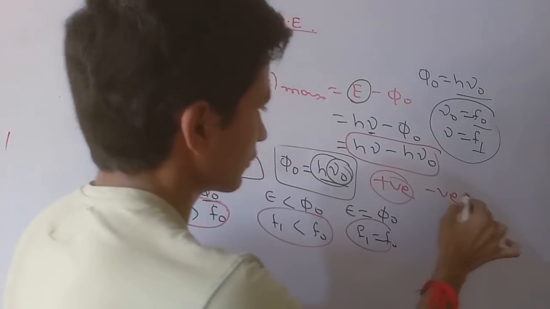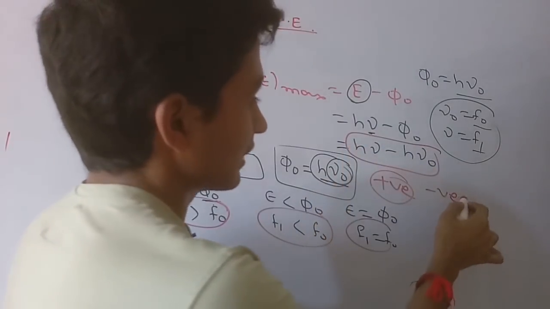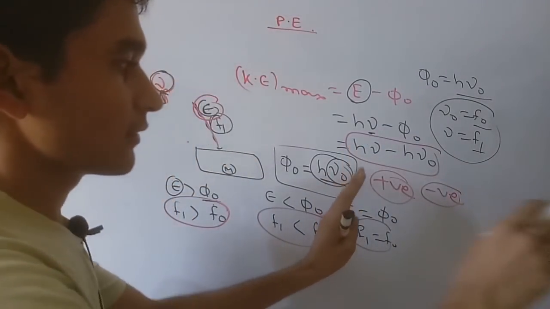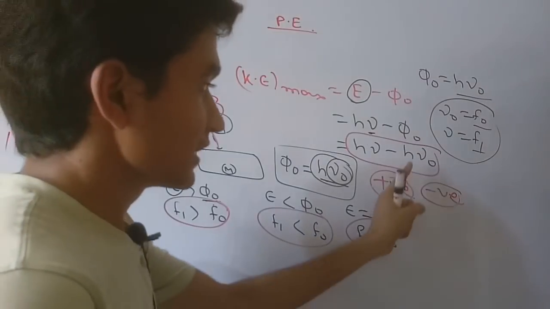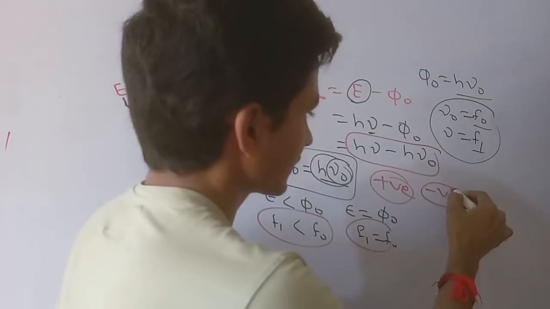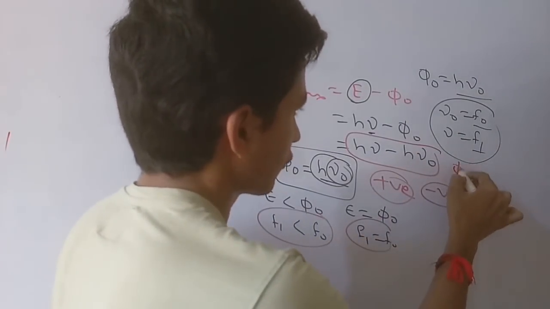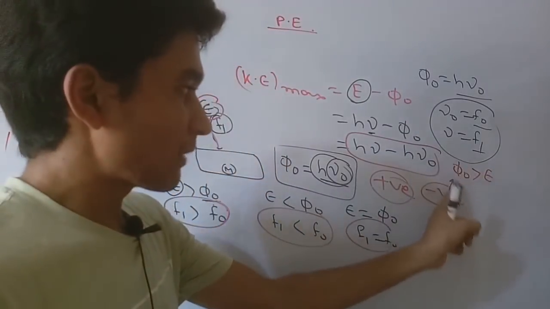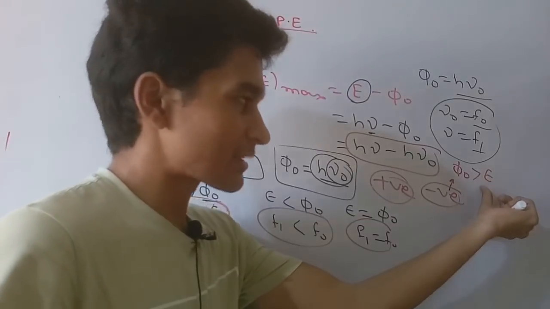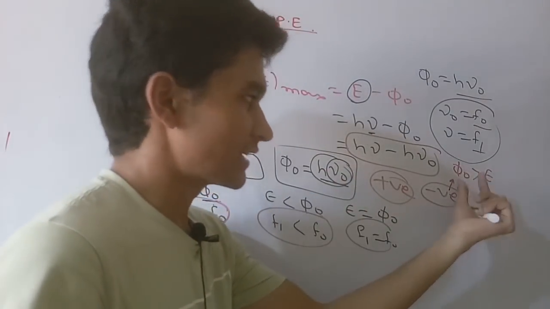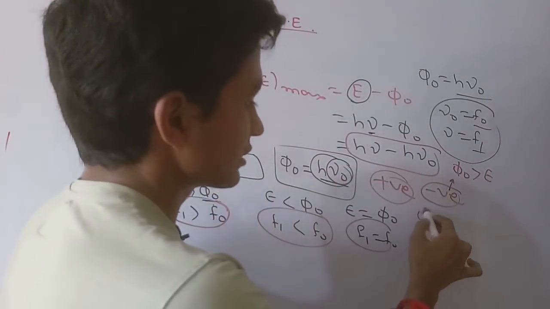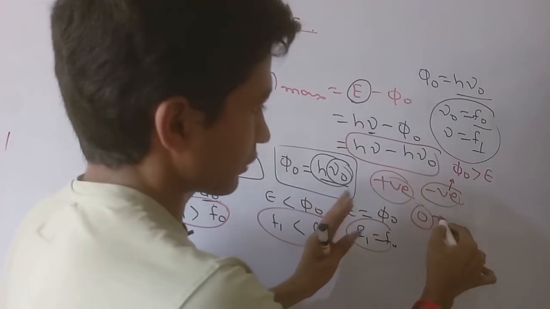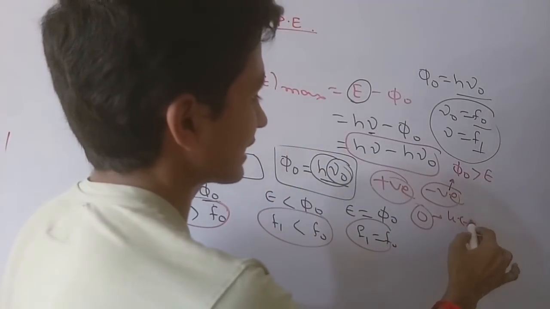If you are getting a negative value, it means the electron will not be excited, because phi naught is greater than E, meaning the required energy is more than what you are supplying, and if the supply is less, then the electron will not be excited. And if you are getting zero, it means the electron has been excited, but the electron has kinetic energy 0.